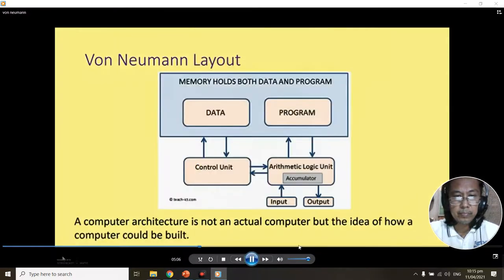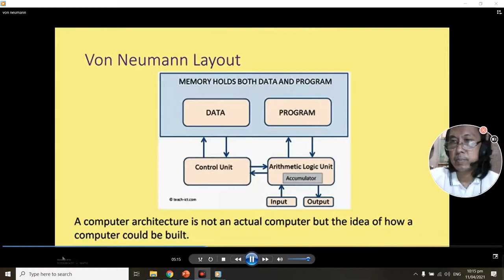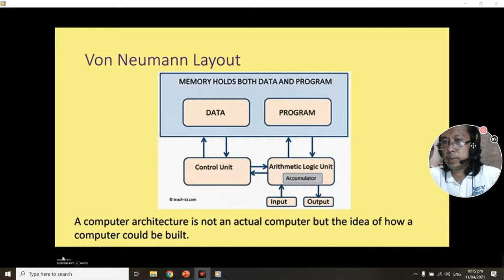There. Classic diagram. If you do a search for von Neumann architecture on Google Images, you will get lots of very similar diagrams. So again, at the top here, we've got the key point that the memory holds both the data and the program.